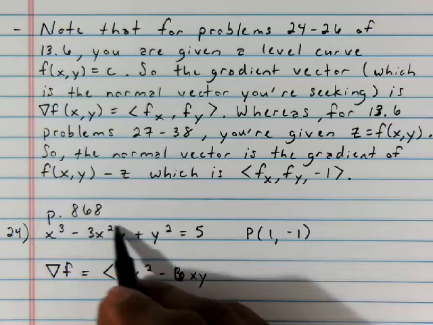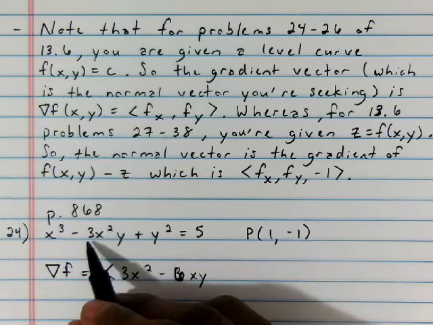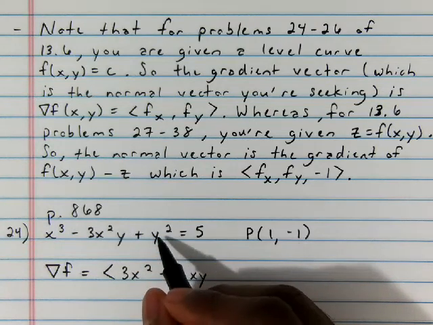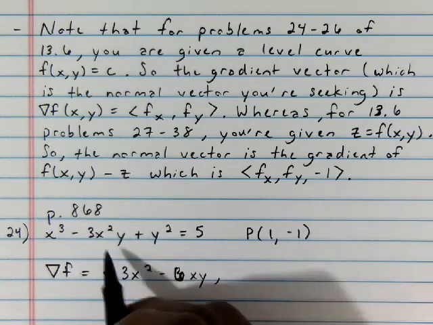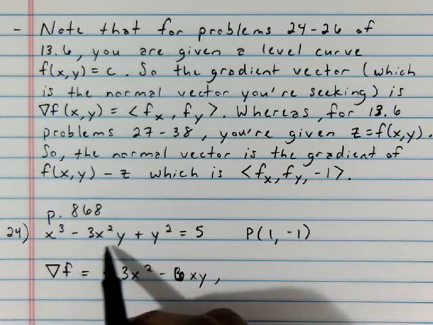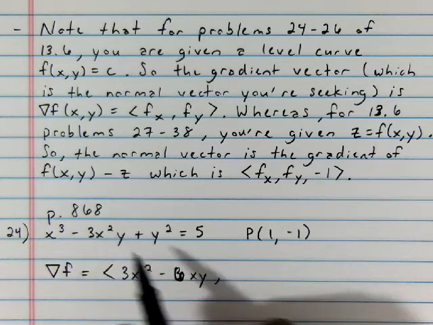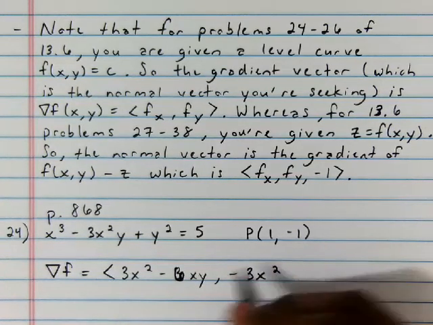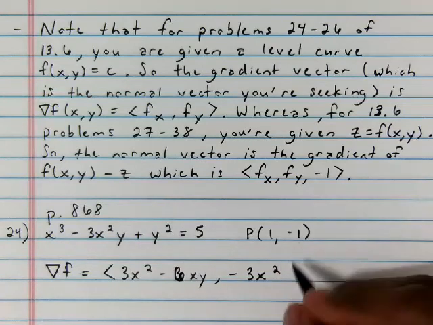I'm taking the partial with respect to x, so the 2 comes out front, the y is just a constant, and then this last part is 0. And now the partial with respect to y: the first term is 0, this term is just going to be negative 3x squared, and then this gives us 2y.